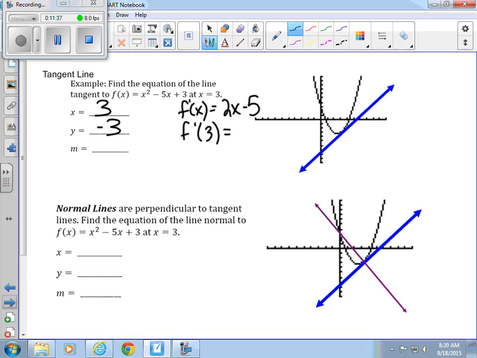Never write a tangent line without a number for your slope. We don't want equations in our tangent line. We want numbers. We're just writing a line. And so f prime of 3 is 1. So my equation of my tangent line is y plus 3 equals m times x minus 3.